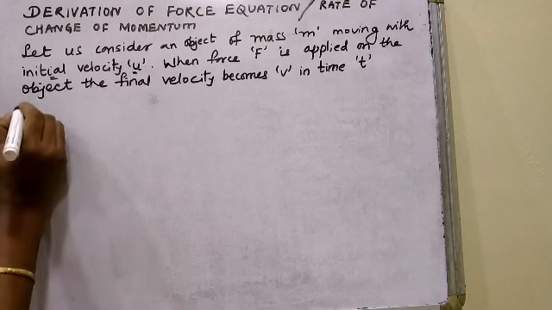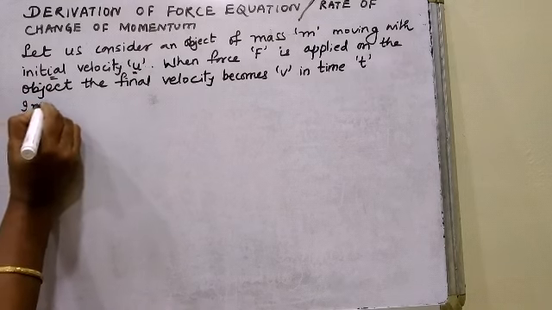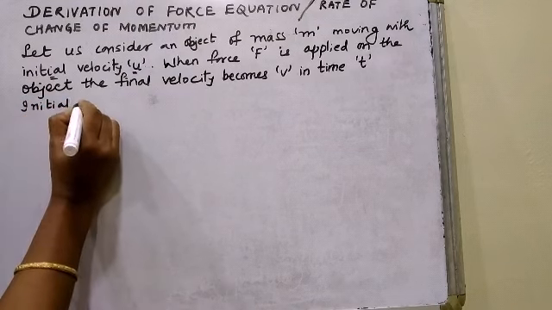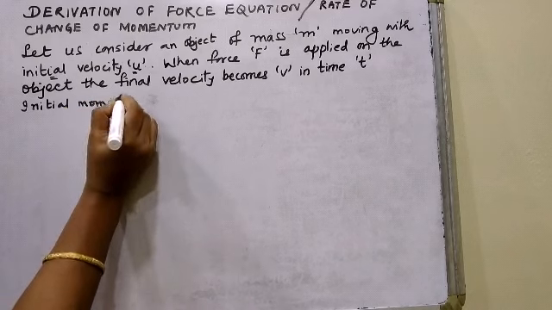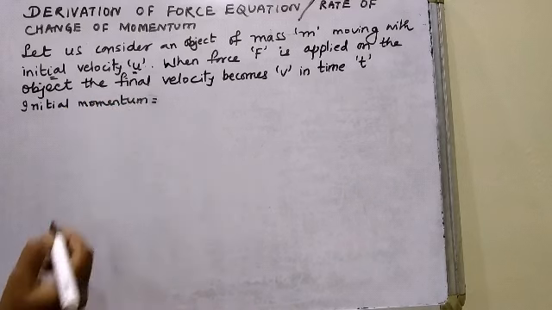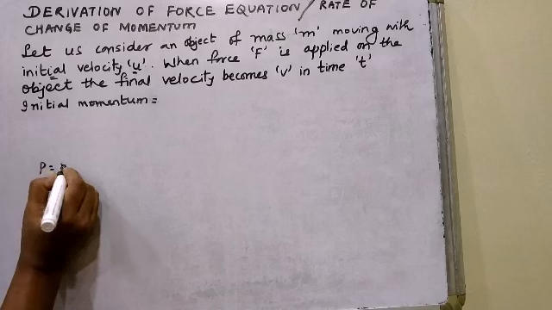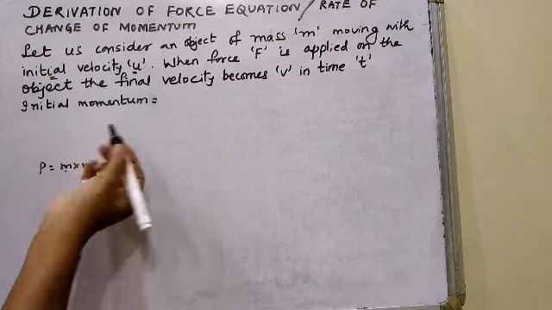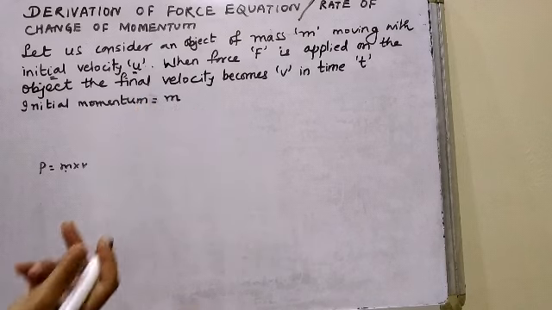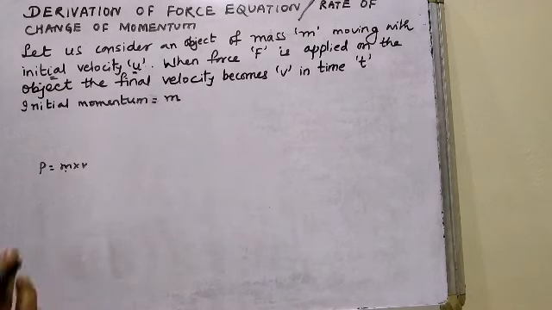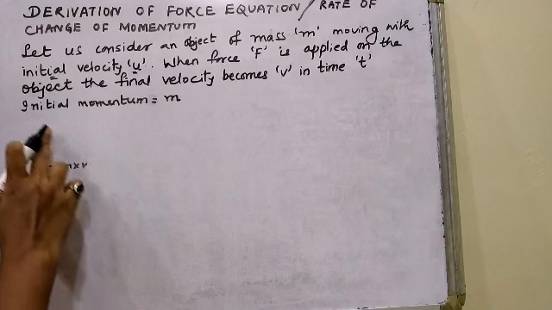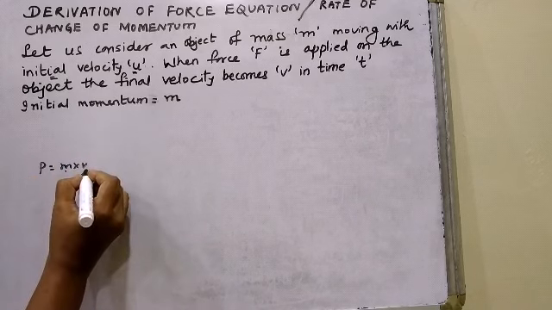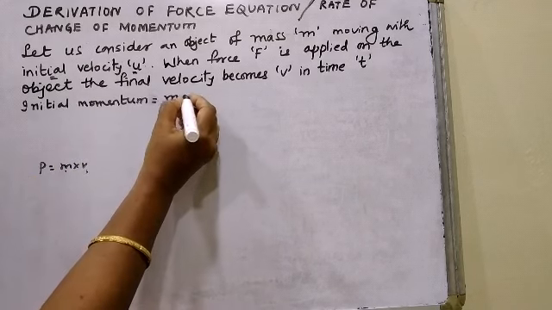So let us calculate the initial momentum of the object. The initial momentum of the object will be equal to, what is the formula of momentum? P is equal to m into v, isn't it? So for initial momentum, what will be the mass of the object? The mass of the object will be m, because we are considering one single object. But when we are considering the initial momentum, the initial velocity will be equal to u.